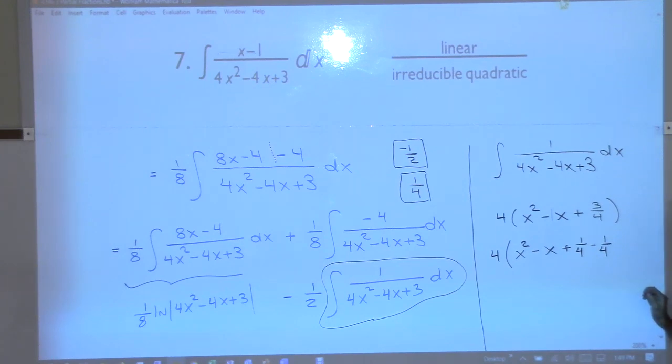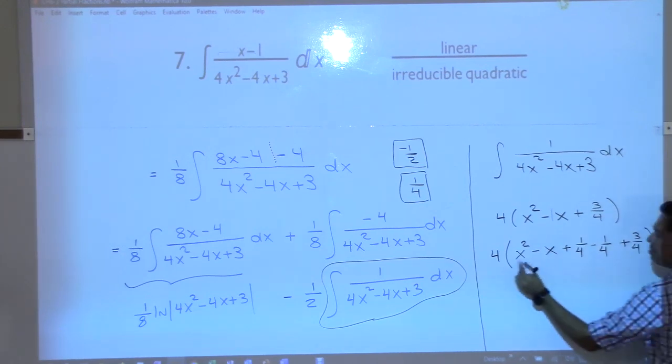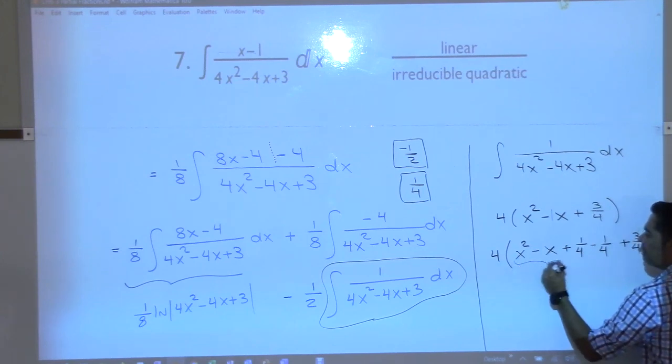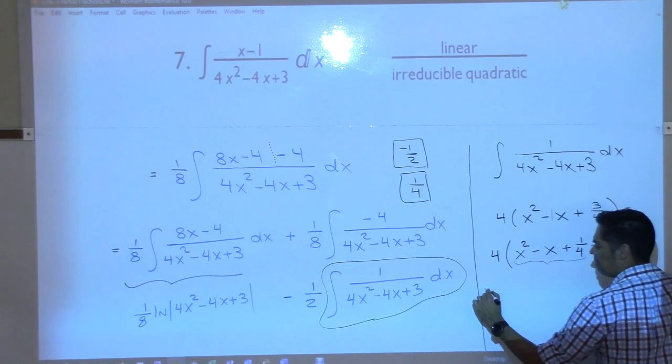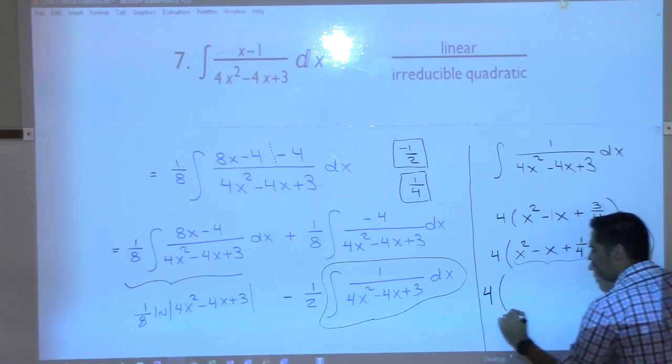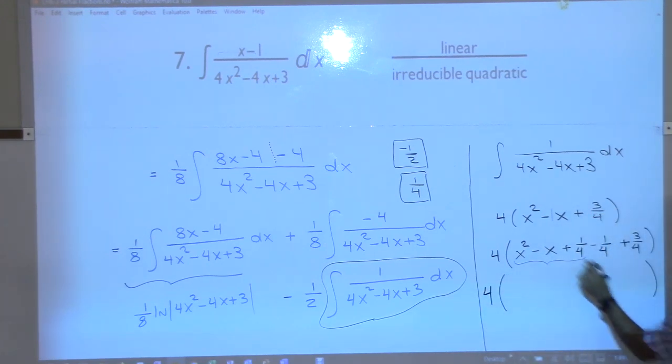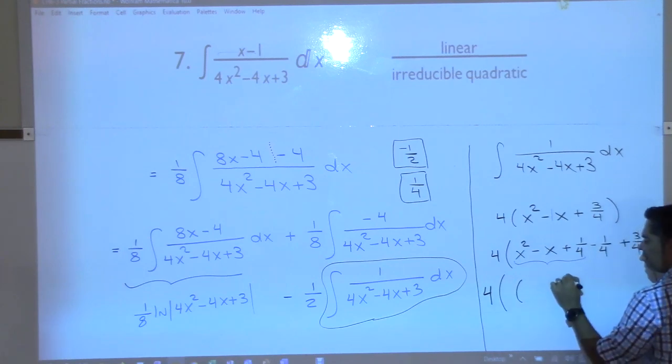Yes? What do I still have here? Plus 3/4. All right. These first three terms are guaranteed to factor, right? So let's keep track of our parentheses. We have a 4 parentheses, and then these three terms turn into something squared.